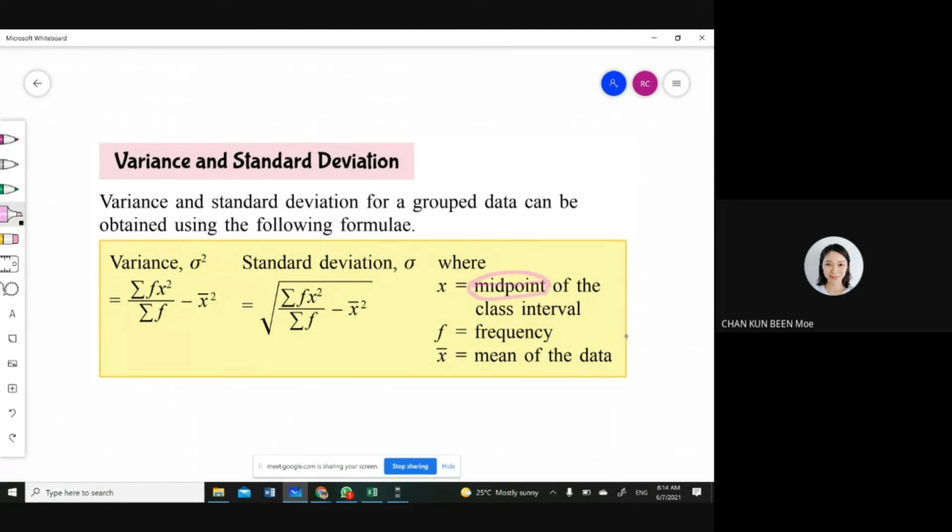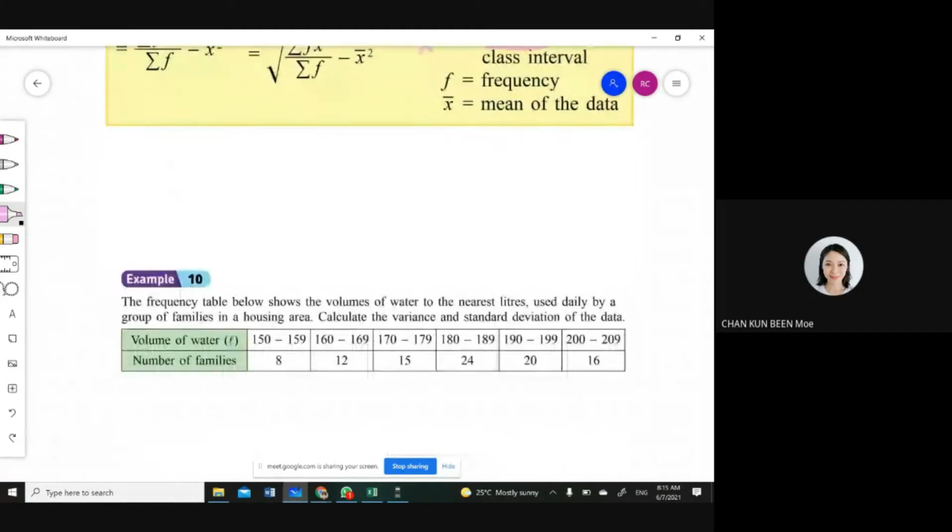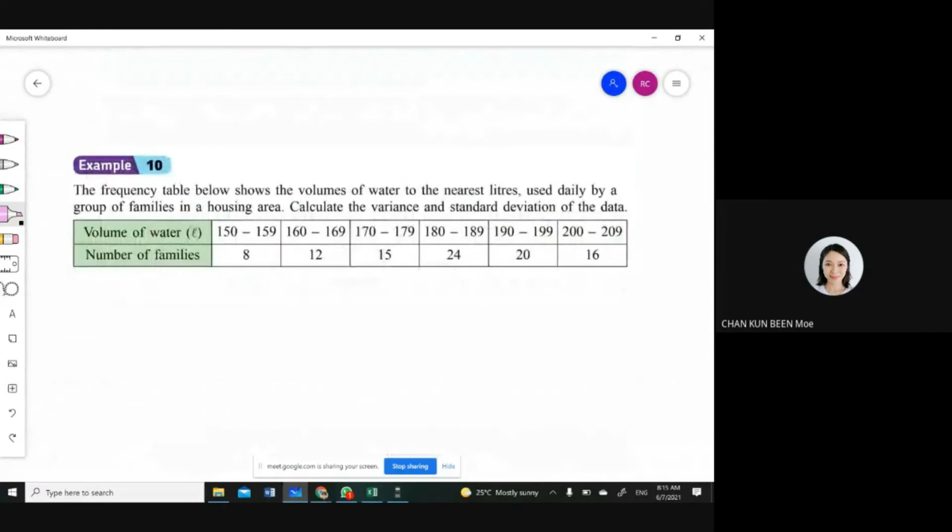You need to remember this for the class interval. f is still the same. It represents the frequency. And this symbol here, the x with the stroke up there, means the mean of the data. So the only new thing is the x right now. What is the x again? What is the x, class? Midpoint. Correct. So we are going to use it on that.